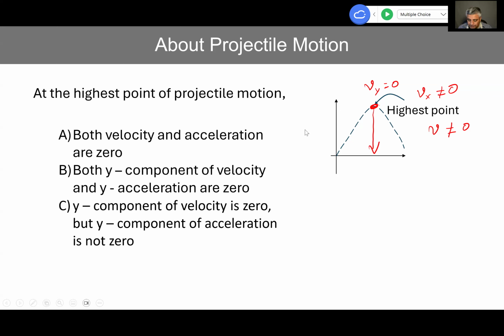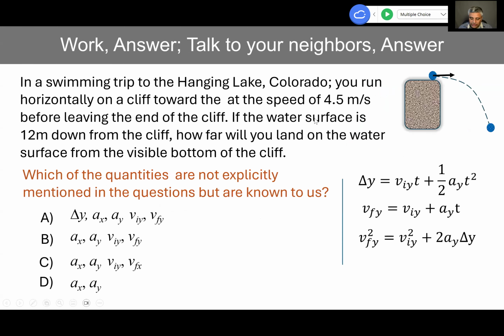So with that, now I have this question, and this question is solved in my note that I posted on the pre-class assignment. So it is solved, but here I would like to discuss the thinking process you have to go through to solve any projectile motion problem.